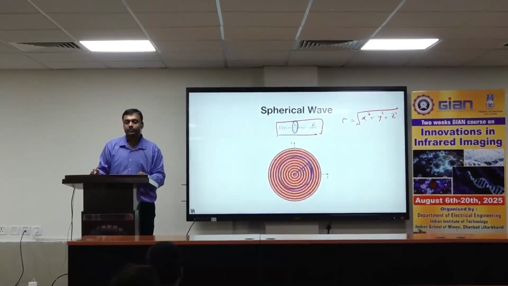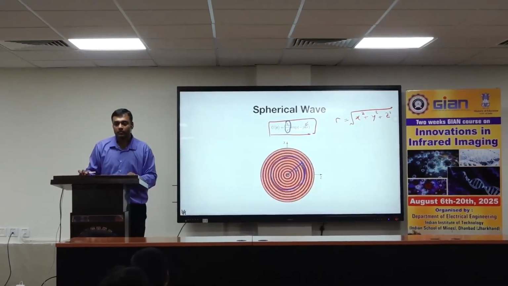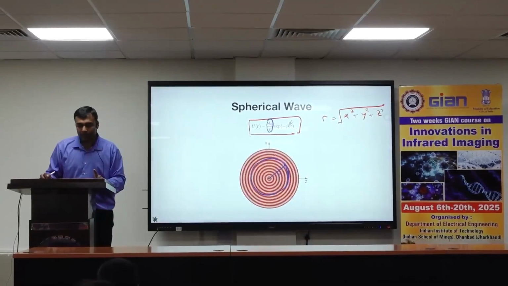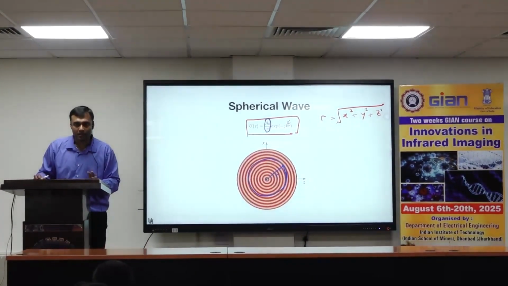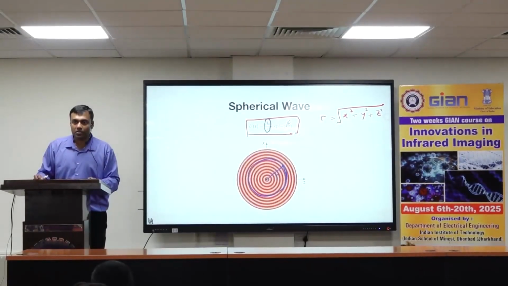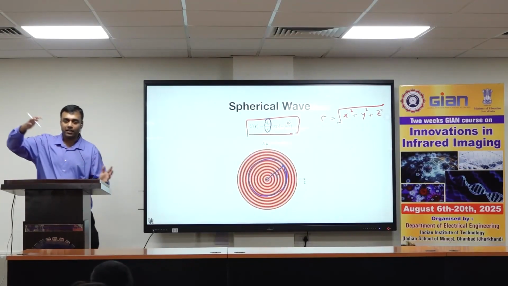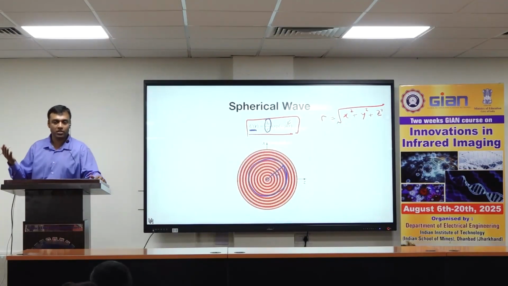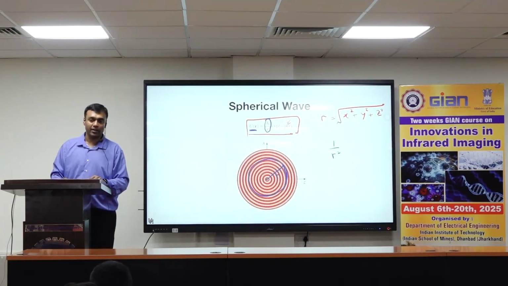That's an interesting question. It has to be a naught by r alone, because of the law of conservation of energy. It's expanding as a function of r. Intensity is u of r squared, so intensity will vary as 1 over r squared.